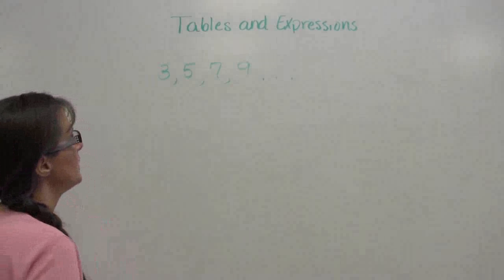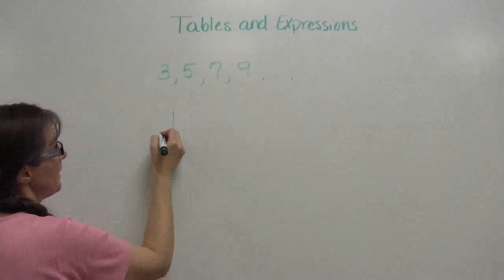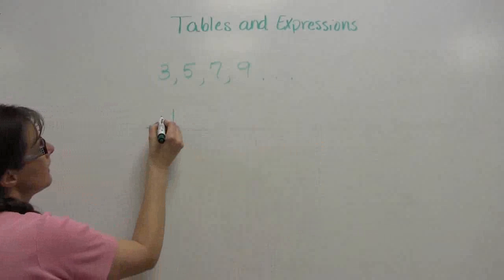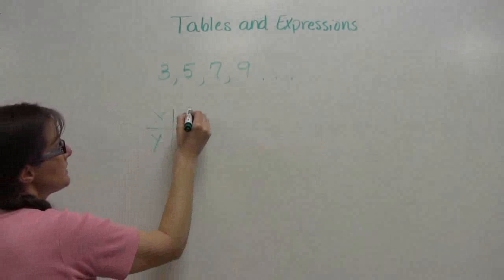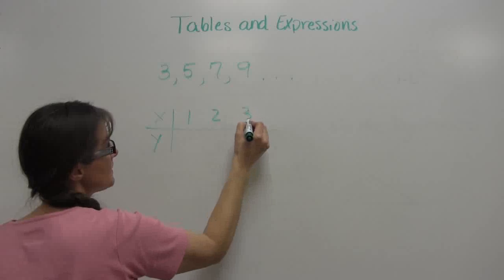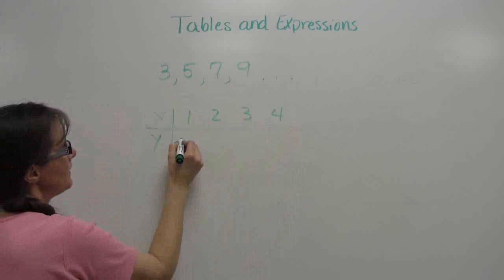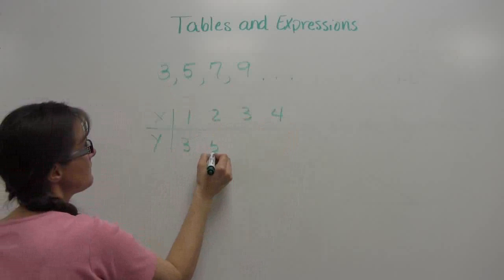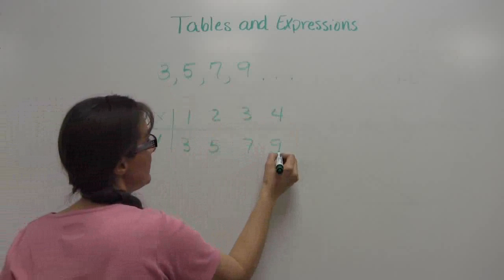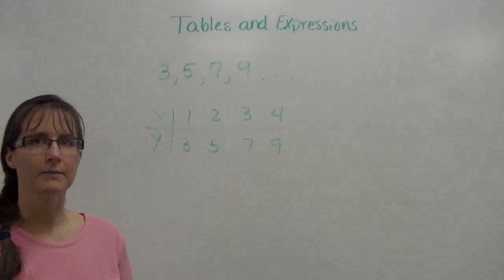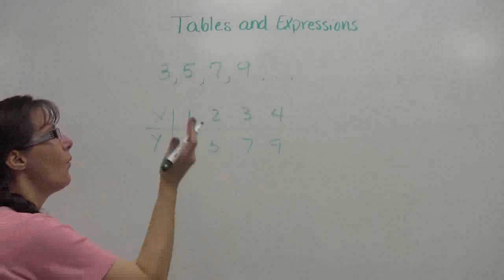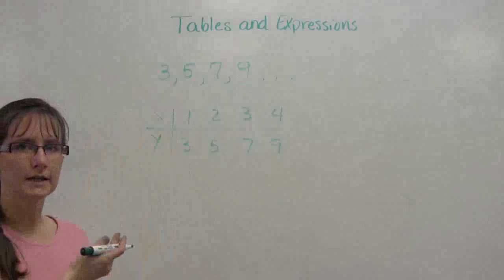Okay, so let's look at one more type of pattern that we might come across. And here, I have my X and my Y, position 1, position 2, position 3, position 4. Term 1 is a 3, position 2 is a 5, a 7, a 9. Again, I'm going to go back to asking myself, what did I do to 1 to get 3?